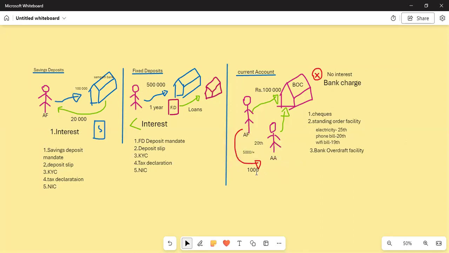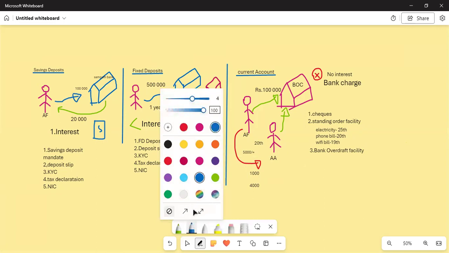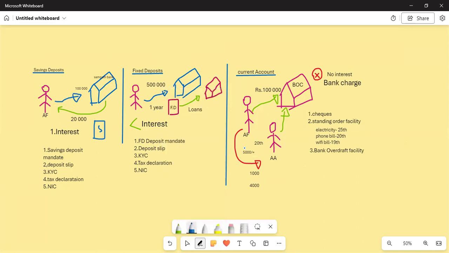I have written a check for 5,000, but I have only 1,000 in my account. Therefore, the bank needs another 4,000, but I don't have that 4,000. Then the bank quickly gives me a call and says, sir, Asif has come and given a 5,000 rupee check, but in your account only 1,000 is there, and 4,000 is not there.